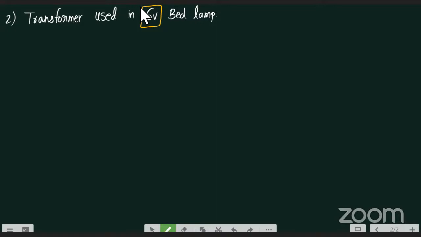So see here, in transformers, we have two types. One is called the step up transformer, and the next is called the step down transformer.